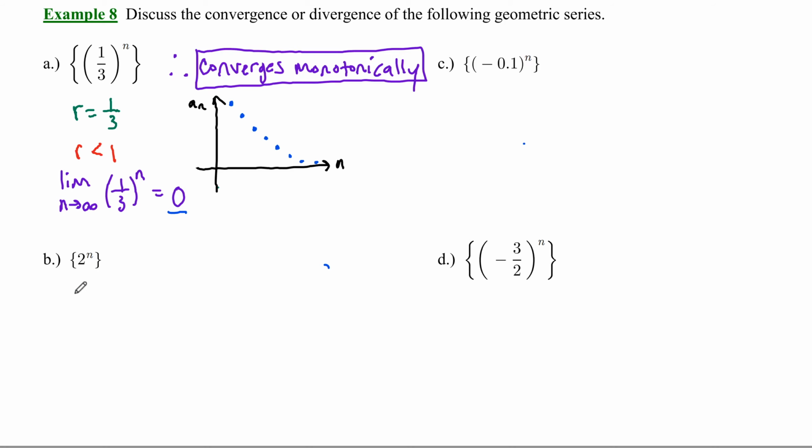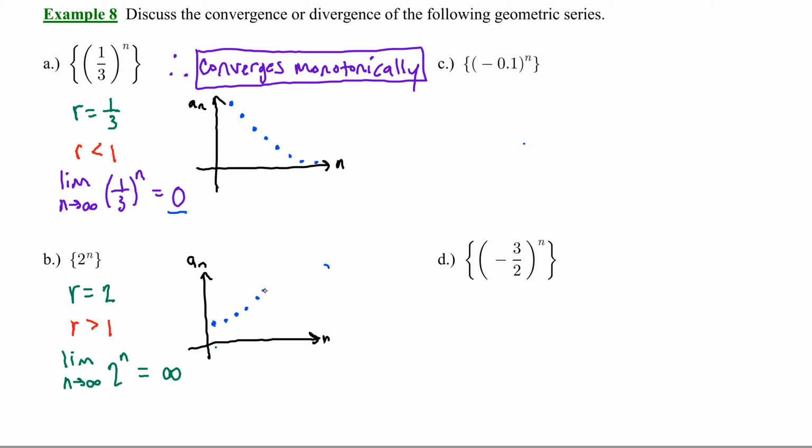On example B, notice that we have a base that is greater than 1. When the base of an exponential function is greater than 1, you have an increasing exponential function, or more specifically, you can observe the limit as n approaches infinity of 2 to the nth power is equal to infinity. So if we imagine the picture of what this sequence would look like, we simply have an increasing exponential function.